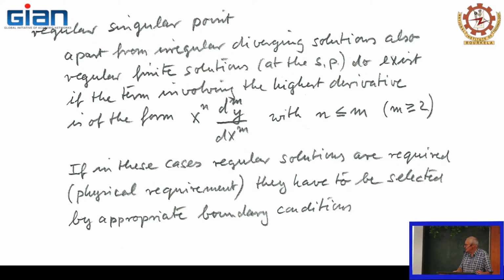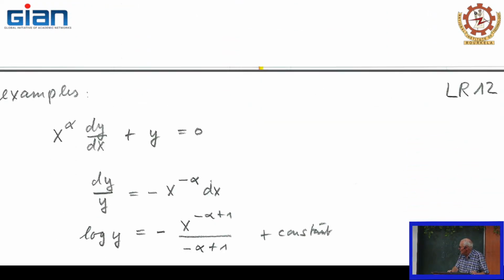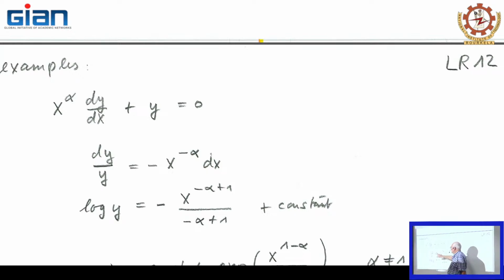So now let's consider two examples. For an irregular singular point, we consider the differential equation of first order, x to power alpha times dy by dx plus y is equal to 0. A simple first order equation. How do we solve it? We solve it by separation of variables.